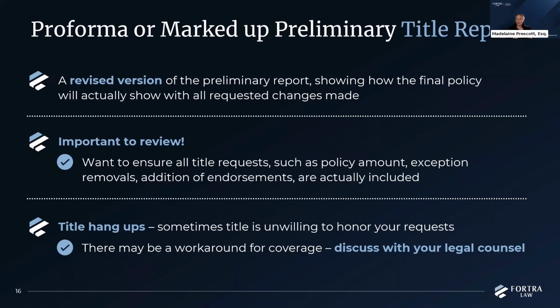This is very important to review because, as Casey mentioned a few times, title does sometimes push back. They don't want to make changes, or you ask for something and they say, hey, we can't do that. You can sometimes catch those things in the pro forma. So you want to make sure all of your title requests are in there. If they are not in there correctly, you definitely want to go back to your title agent and say, hey, can you fix this?